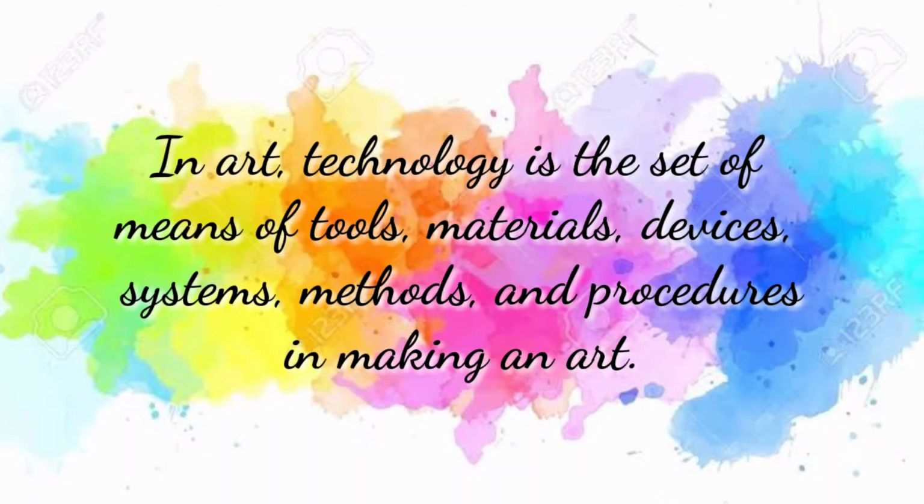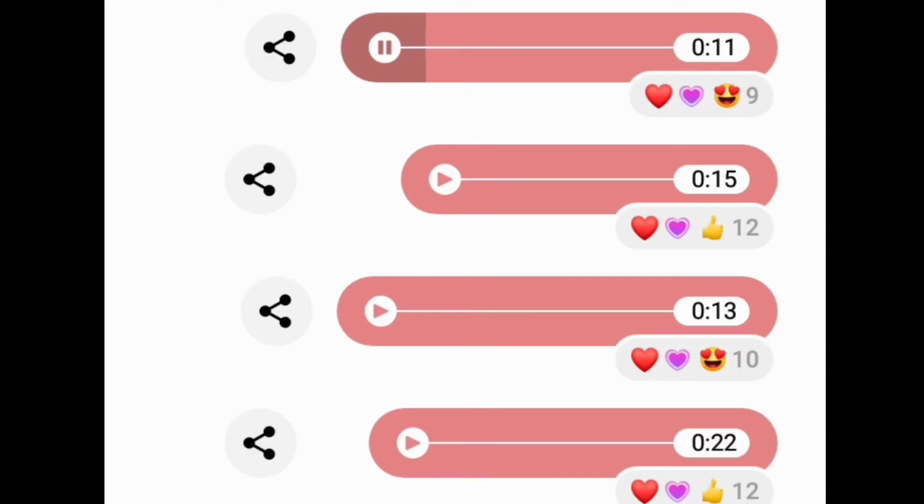How about the technology? In art, technology is a set of means of tools, materials, devices, systems, methods, and procedures in making an art. Ibig sabihin, in terms of arts, we use some tools and some mediums or materials to produce art. For example, in singing, we use our voices to produce sounds, right?